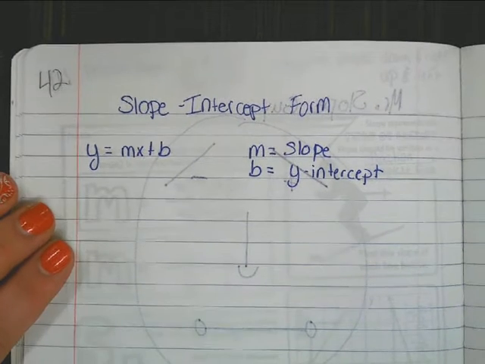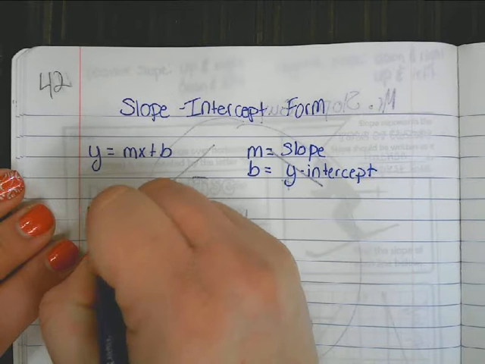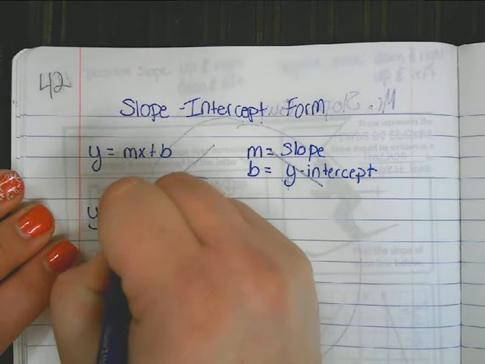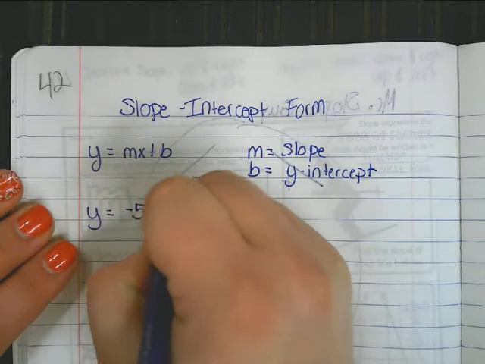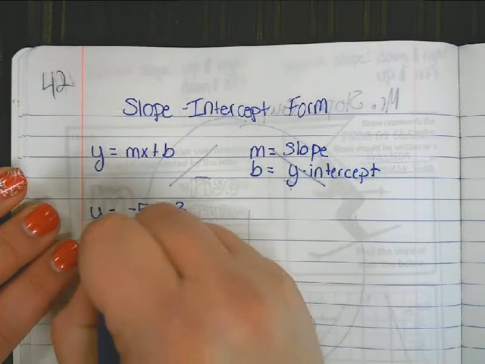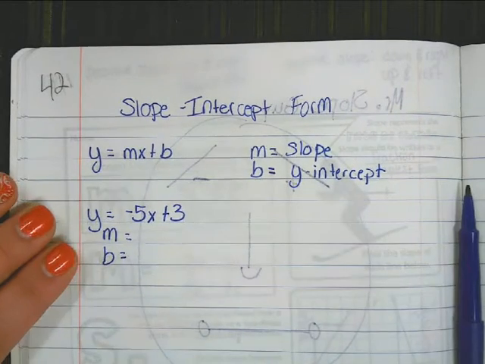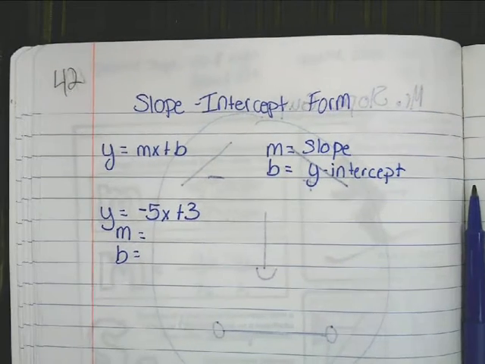So if I'm given the equation y equals negative 5x plus 3, and they want me to identify my slope and y-intercept, they're going to label it as m and b, okay? Because m is your slope, b is your y-intercept.